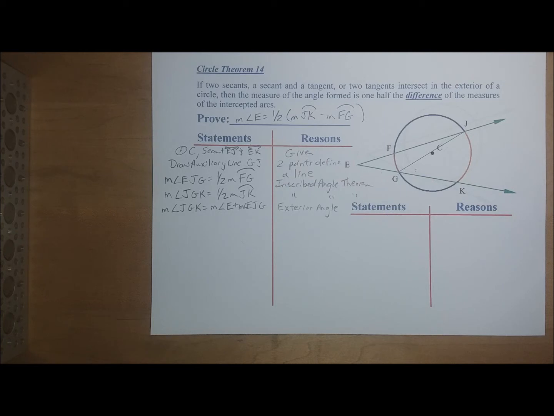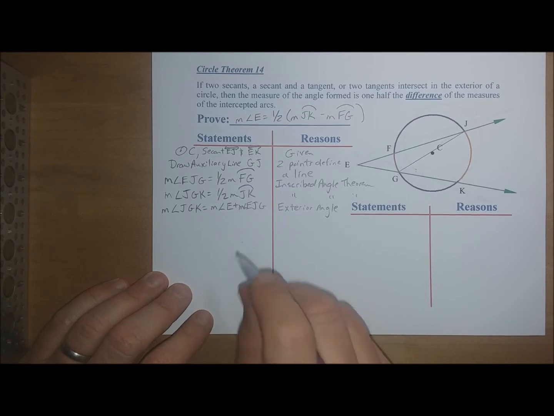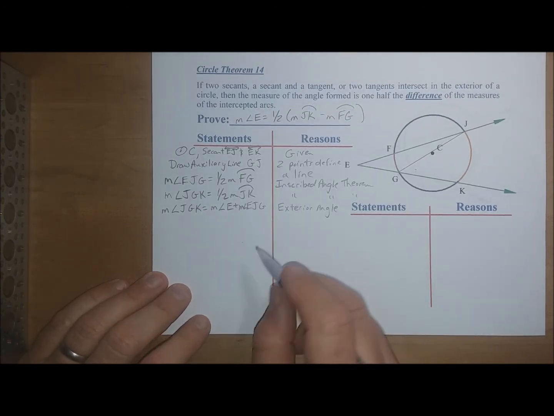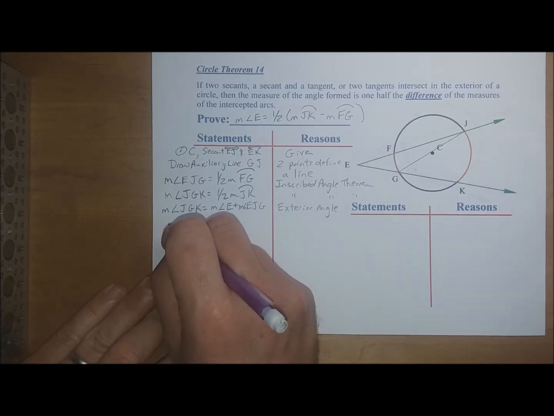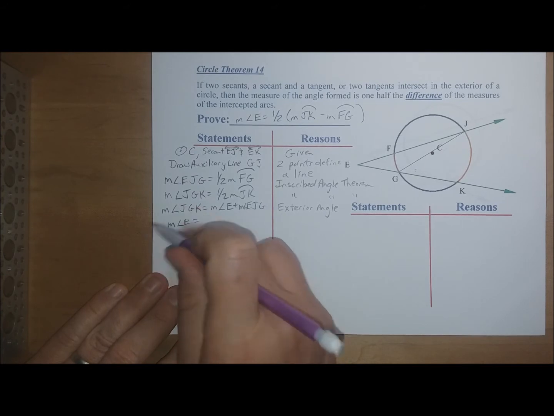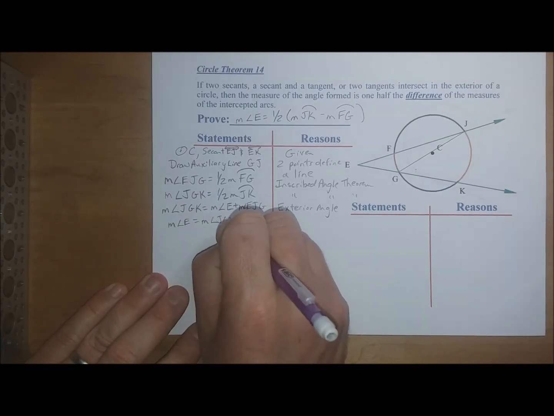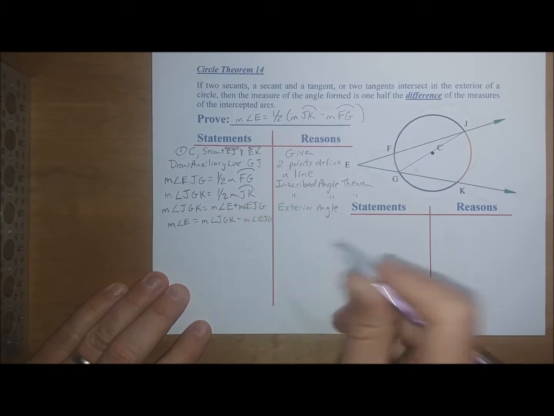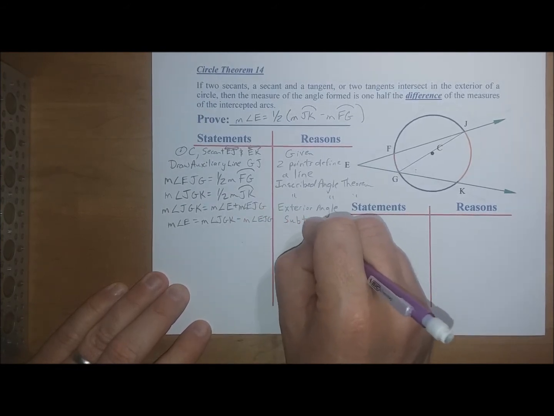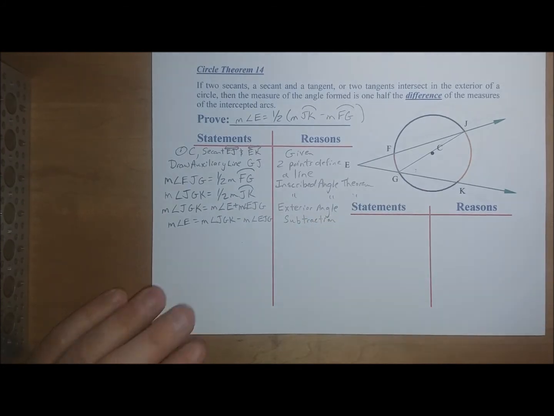Okay. All right. I sense something here. What do we know about the measure of angle E? Could we solve this for the measure of angle E? Yeah, I think we could subtract the measure of angle EJG from both sides. And I'm going to do a little symmetric property on it at the same time just to clean it up. I'm going to say the measure of angle E equals the measure of angle JGK minus the measure of angle EJG. I just did subtraction, right? Okay. All right, where are we going to go from there?